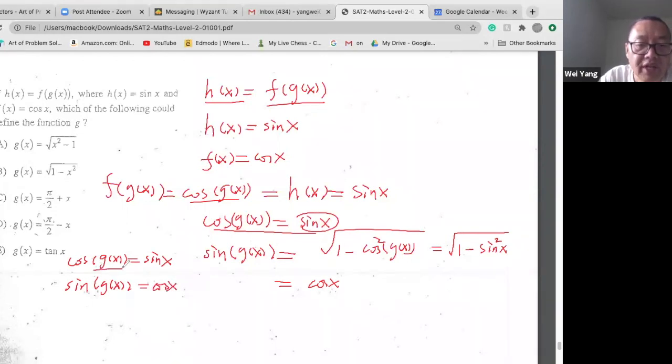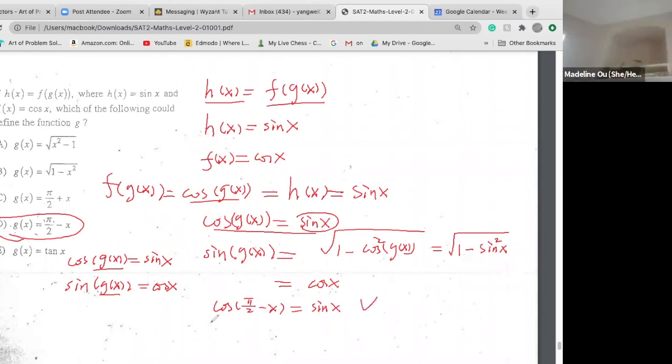Now you need to think, what is gx? So you check this. When you plug gx equals pi over 2 minus x into the first one, you get cosine of pi over 2 minus x, which equals sin x, right?